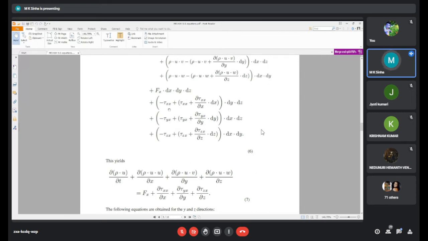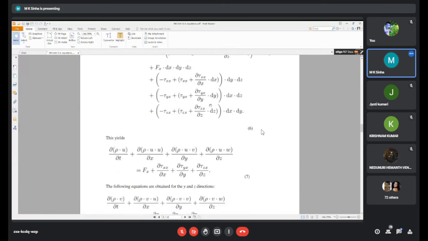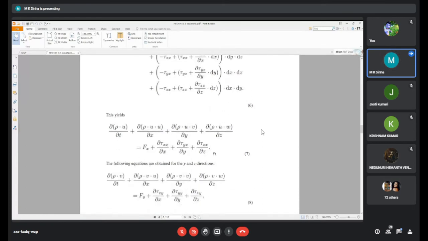Here minus tau xx plus tau xx will cancel out, and it will become del/del x of the tau xx into dx dy dz, and the volume of the fluid element dx dy dz cancels out on both sides.